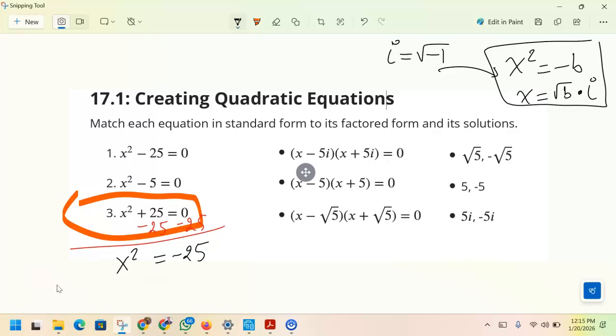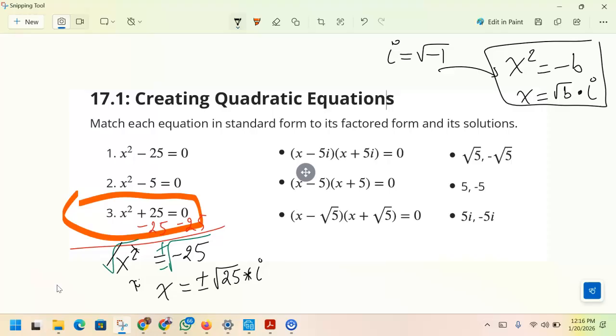Once you get this piece, let's take the square root of both sides. If I take the square root, it has to be plus and minus. So your answer is x equals plus or minus the square root of 25 outside times i.